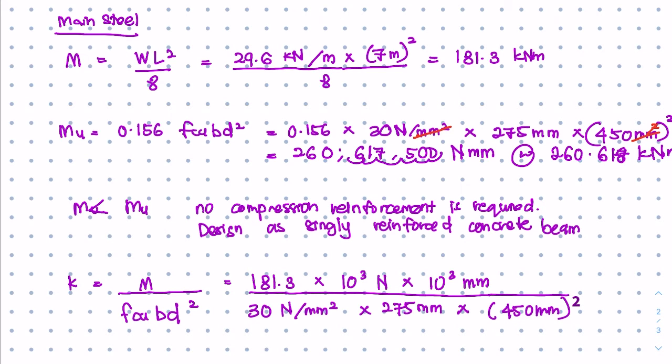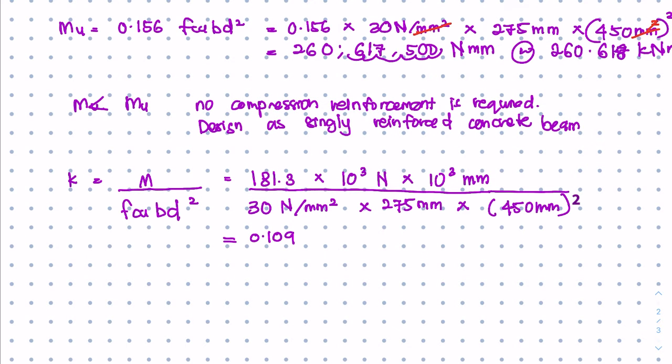Then you will get the value 0.109. We need to compare it with K prime, which is 0.156. So obviously the K value we get is less than 0.156, or K prime, which means it is okay because M is less than MU. So K will always be less than K prime.